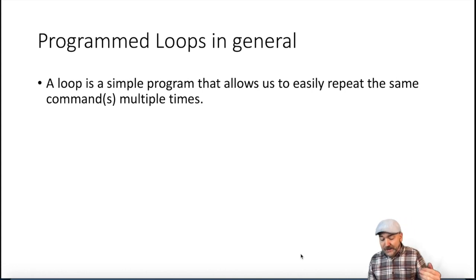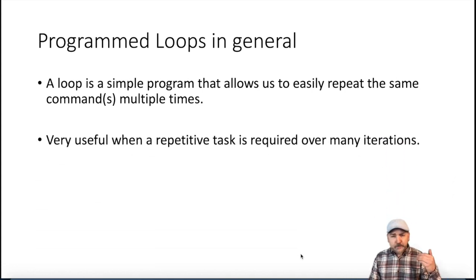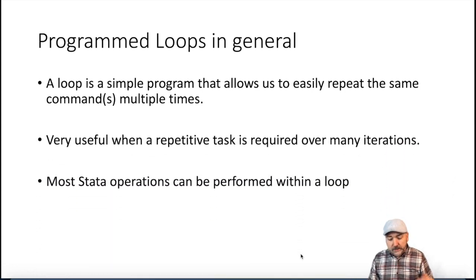That's the basic idea: anytime we have to do a repetitive task multiple times, instead of copying and pasting a slightly different command multiple times into a do file, or just typing out the command again and again and again, a loop can do that for us in an automated fashion. Very, very useful.